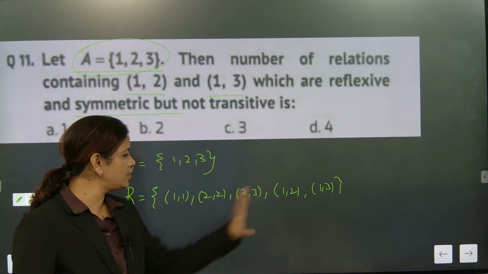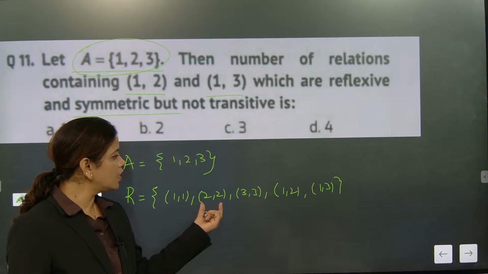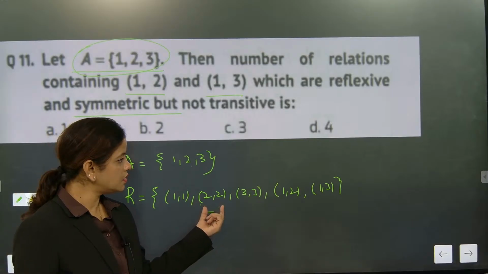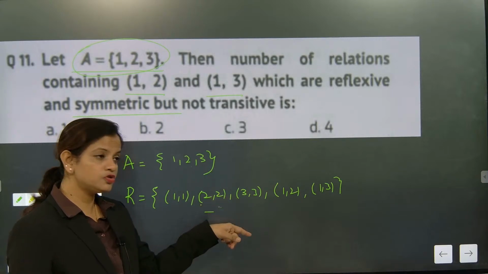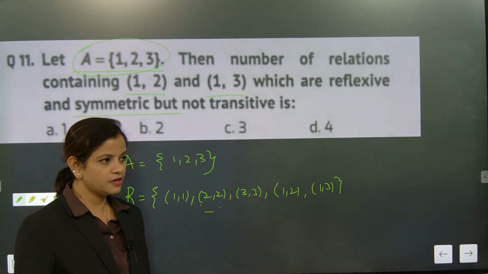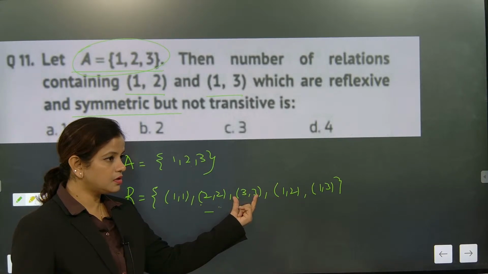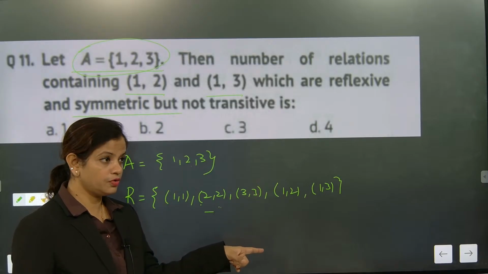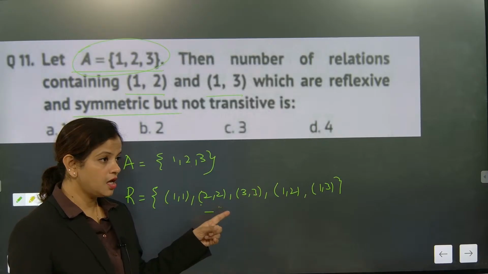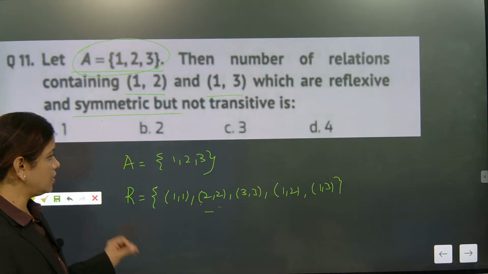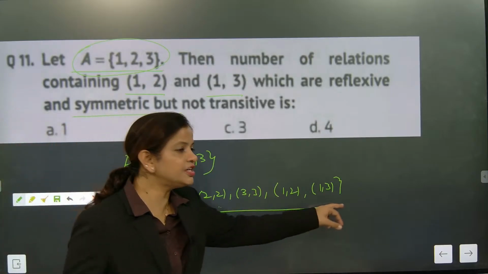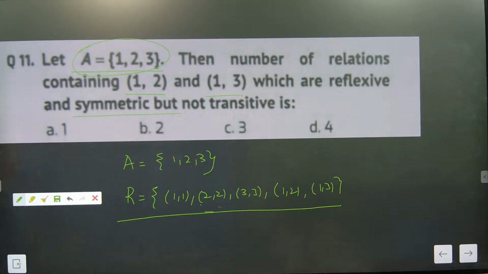Remember, if we take the reverse of 1, 2 also, that part is there; 2, 2 is there. 3, 3 is there, and we have to take 3, 1 also. If we make a little mistake here, story over. So is it transitive? First check.